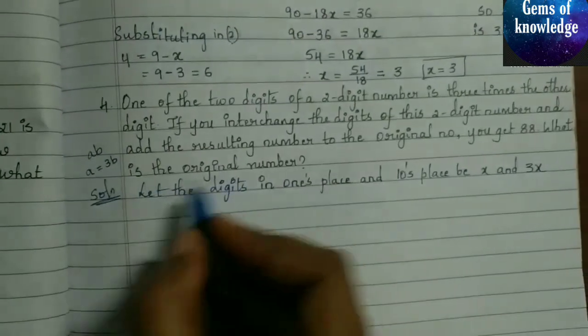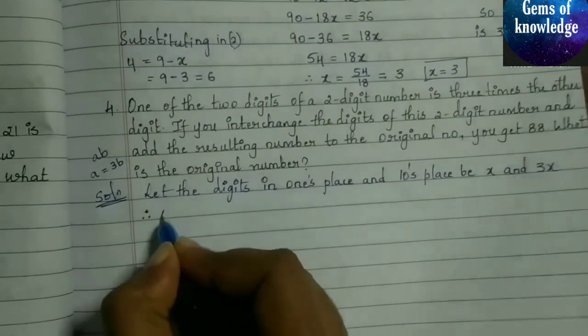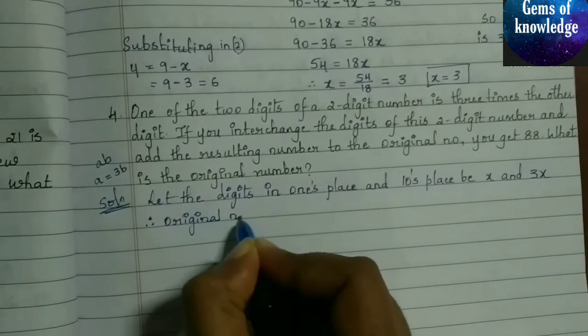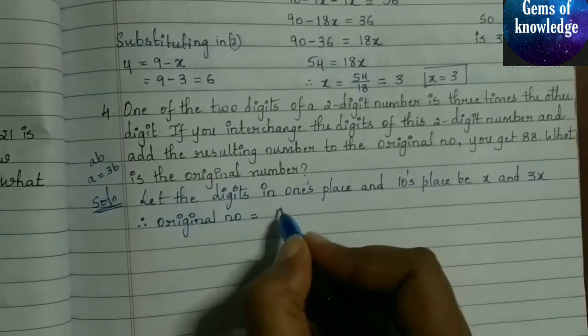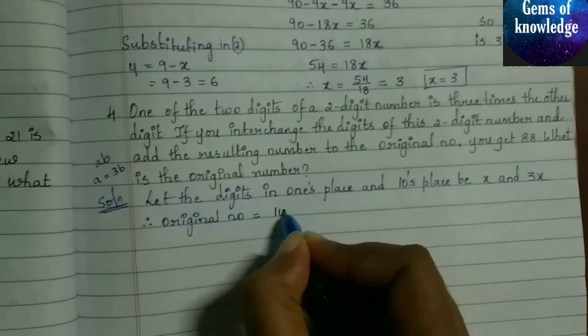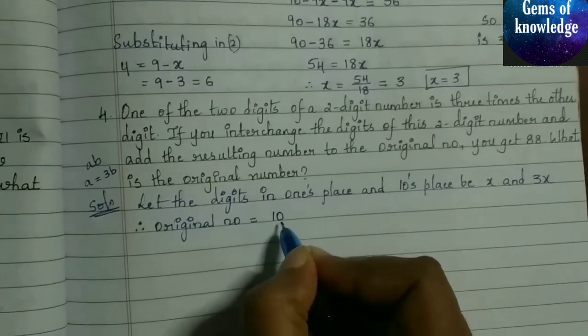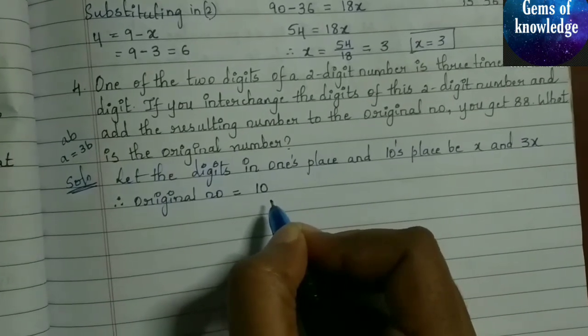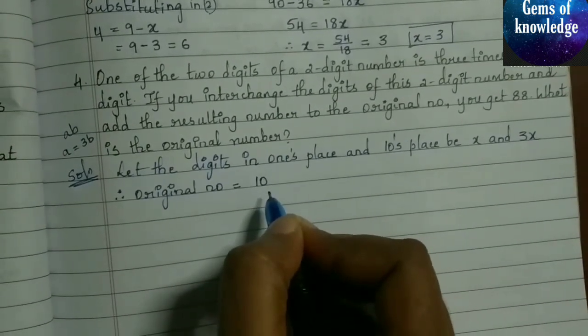Therefore, for the original number we have to consider the general form of the 2-digit number.